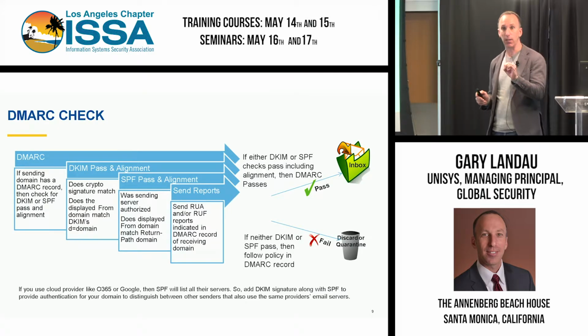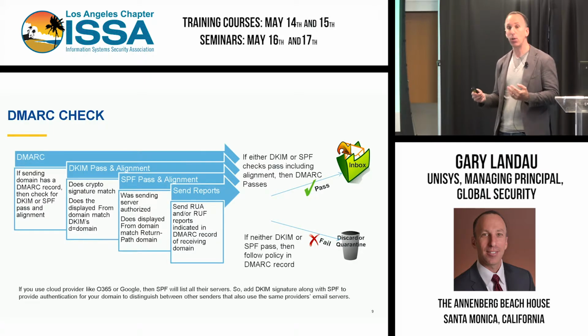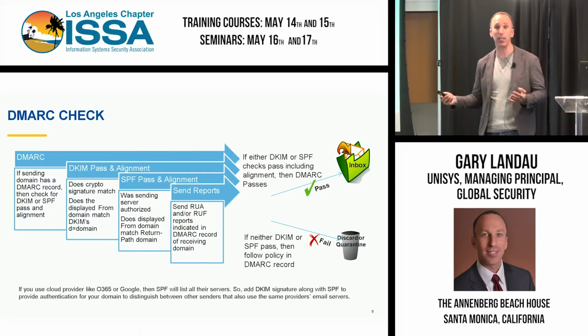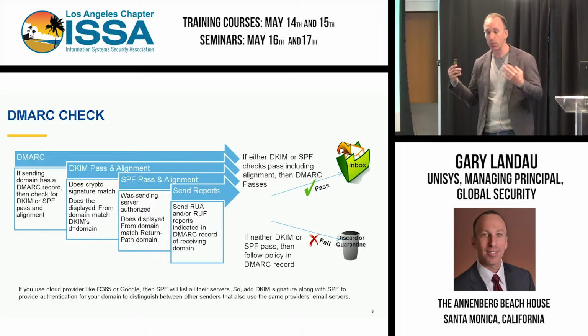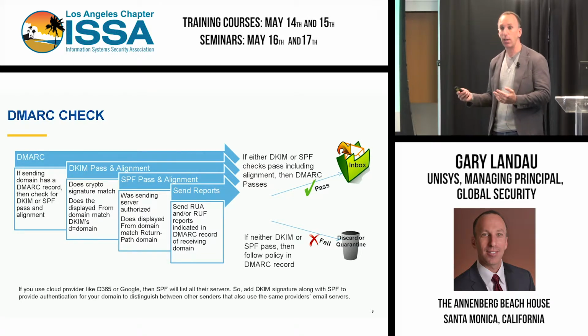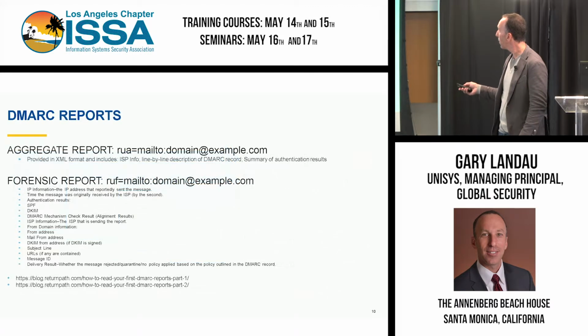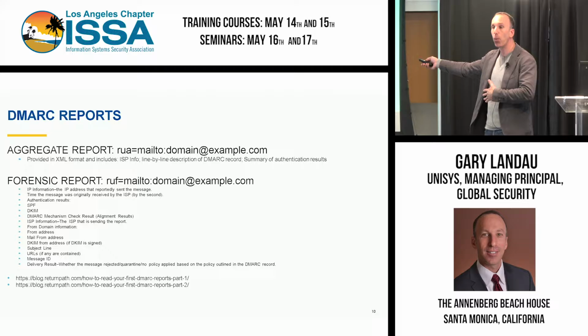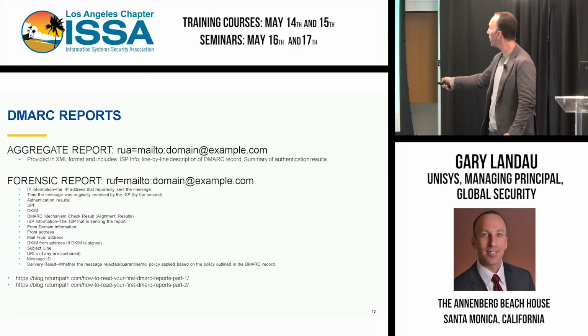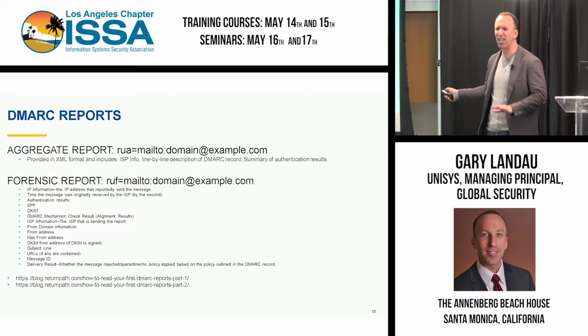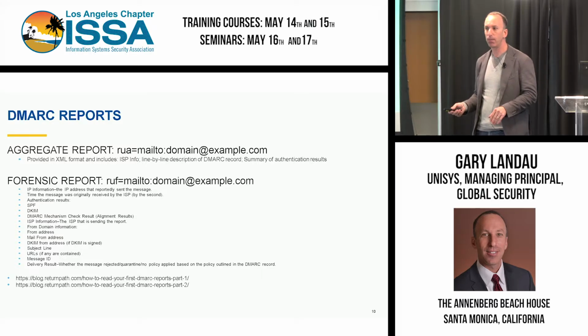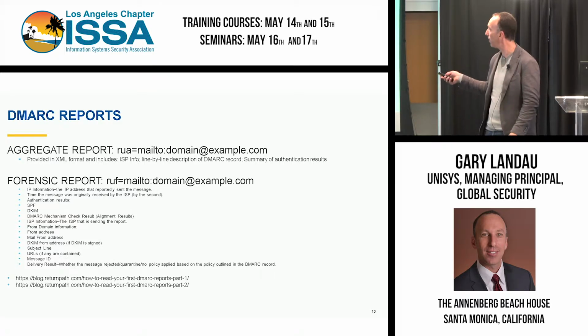You can find out that you're being spoofed by malicious third parties, or you can find out about your intentional, legitimately subscribed third-party senders, and you can validate whether or not they're passing the DMARC inspection. So two types of reports, aggregate reports and forensic reports. The forensic reports listed here contain a lot more information. But even with just aggregate reports, you can get a good sense of what's being sent out as your domain.